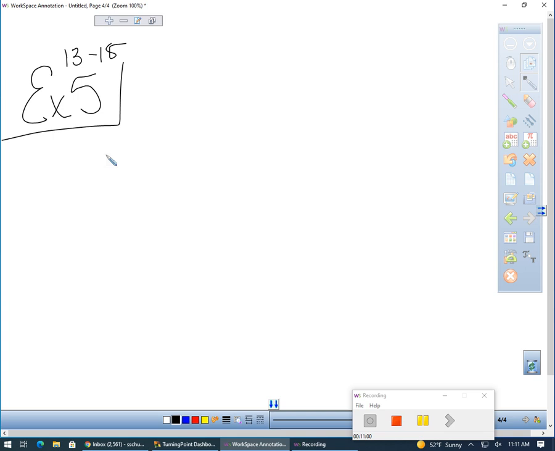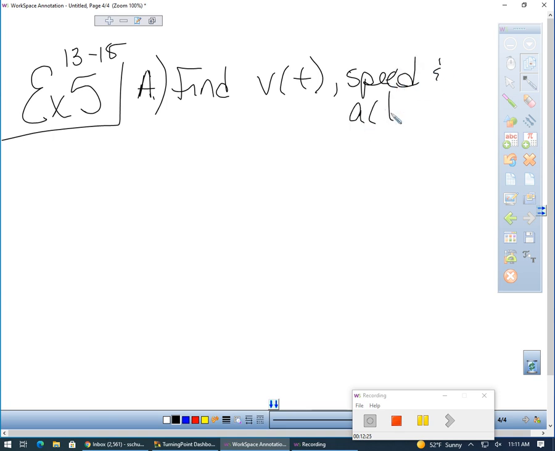Okay. All right, so for example 5, part A is going to ask you to find velocity, speed, and acceleration at t equals pi over 4.